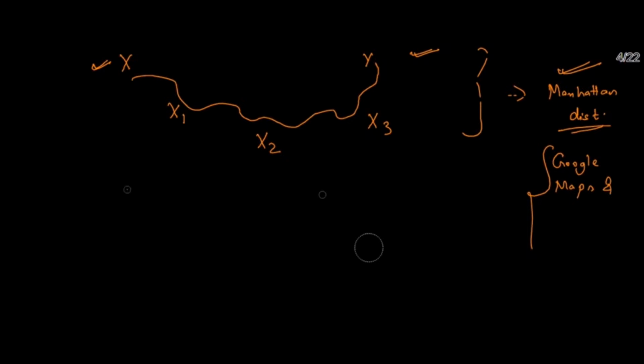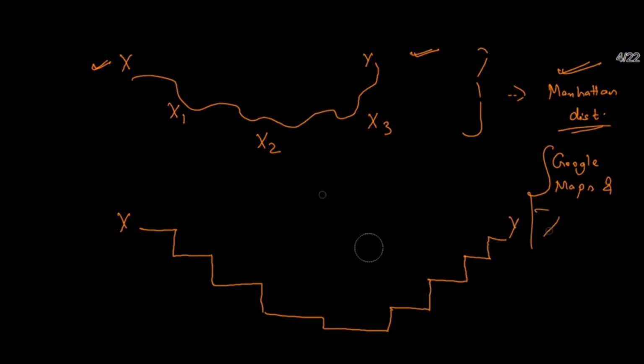So basically, using this approach, how will they compute? They will travel from this one, then this, then again this, and so on, and I am going to reach my place Y. In this way they can come up with some distance.